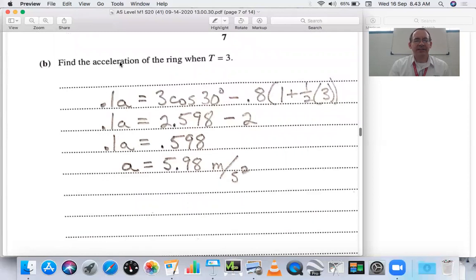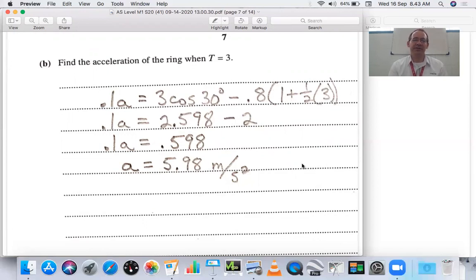So now that we have acceleration, we have Newton's law. Our net force is mass times acceleration, with a being our variable. And then we resolve the forces horizontally. So we get the 3 cosine 30 minus the friction, which was 0.8 times 1 plus half T. Well, now our T is 3.